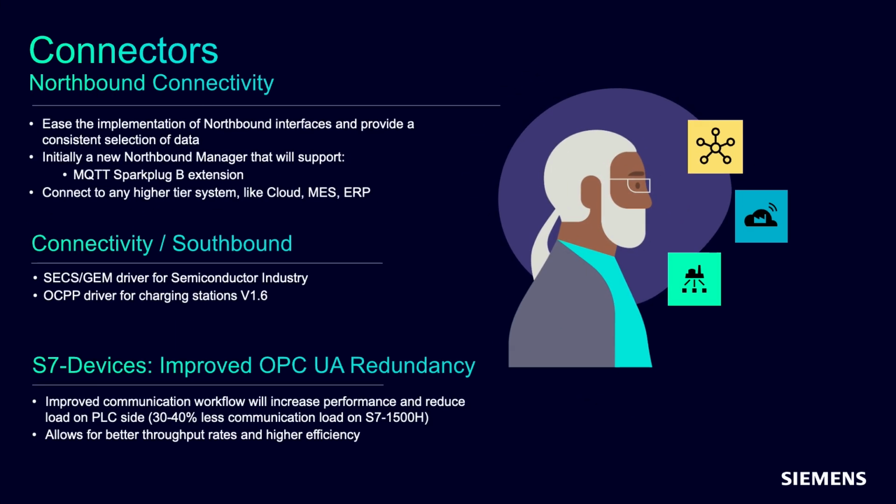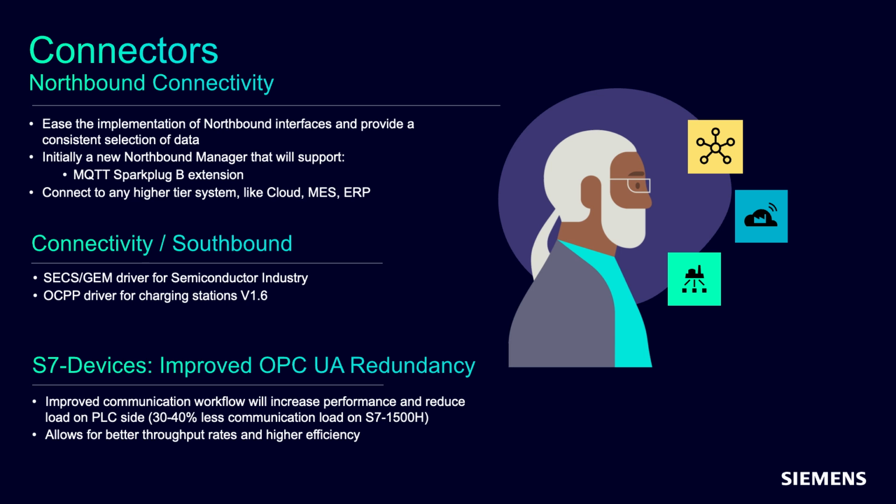Connectors. So here we talk about northbound connectivity and southbound connectivity. What is meant here, northbound connectivity is always from WinCC OA to the top applications like ERP or MES on the IT level. Southbound communication is downwards in direction from WinCC OA to PLCs. On the northbound connectivity, here we will come up with a northbound manager library and a Sparkplug B implementation.